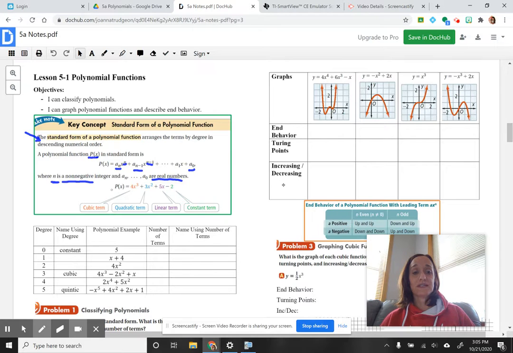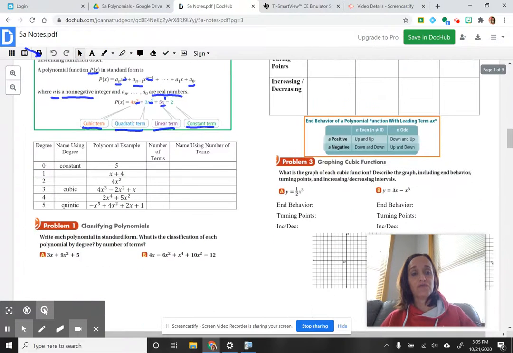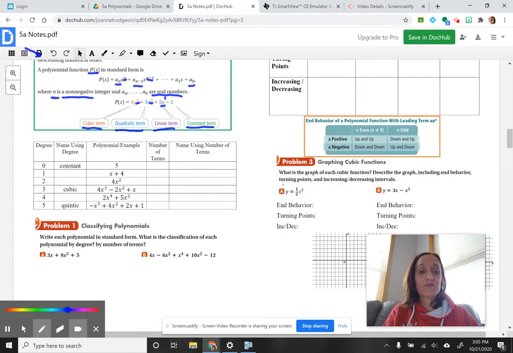This is an example of a polynomial where the first term is a cubic term because the exponent's a 3, then there's a quadratic term, there's a 2, the linear term, that's just the x to the first, and then your constant term. Let's go through some of the words that we can use. If you just have a function like y equals 5, that's just a constant function.